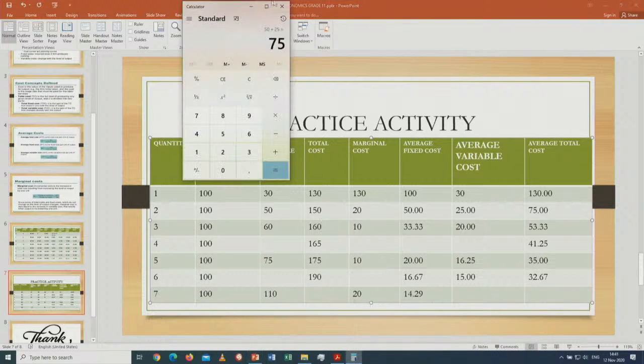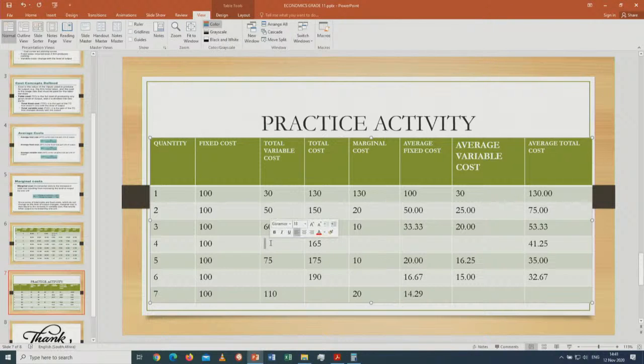So in order for us to fill that one, we need to say 165 minus the fixed cost. This is our fixed cost. Therefore, what is variable in this case will then be 65. Right, there you have it again.